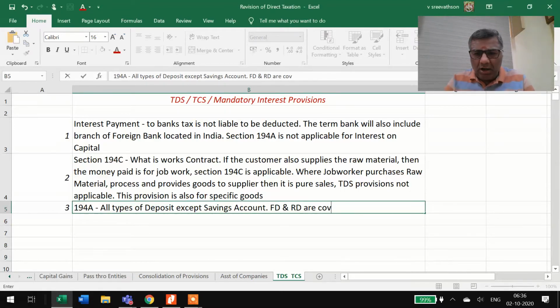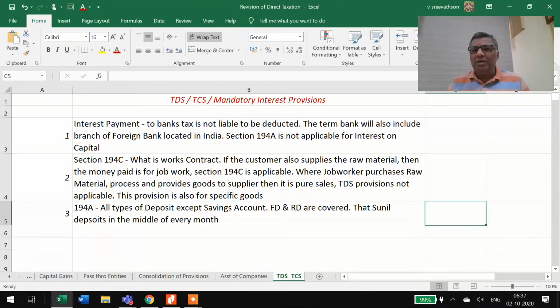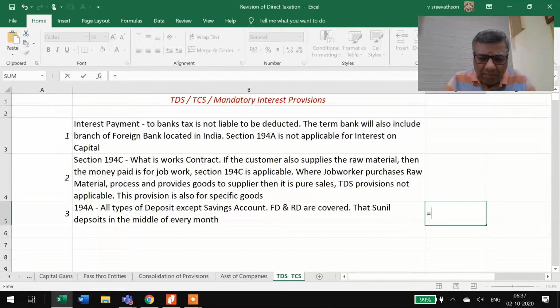In the question asked, I will assume that Sunil deposits in the middle of every month. So he is depositing 18,000.